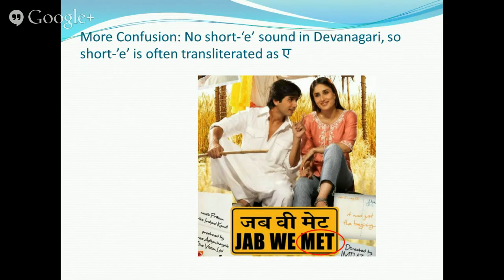So what happened here? Because we didn't have a symbol in Devanagari for short E, we had to use a. So this actually says jab we made. But now if you know it's English, you'll know instinctively that this really is trying to say jab we met, right? So this is an added source of confusion.